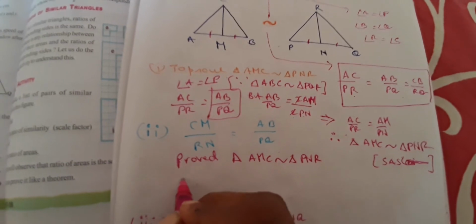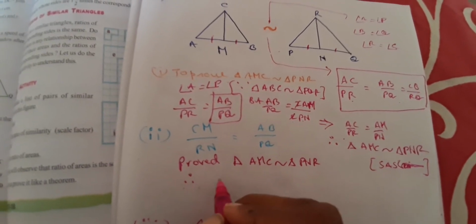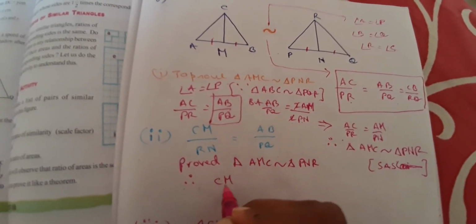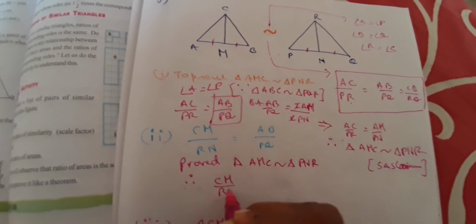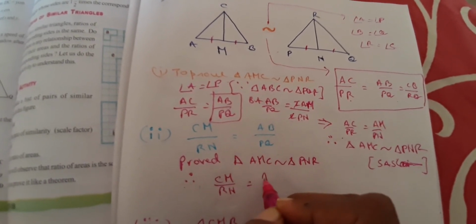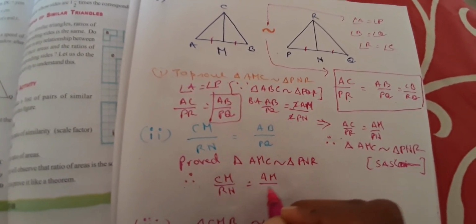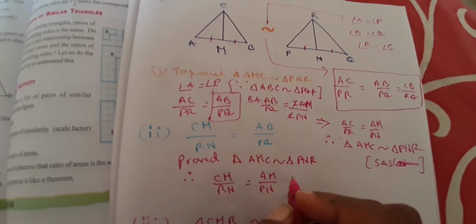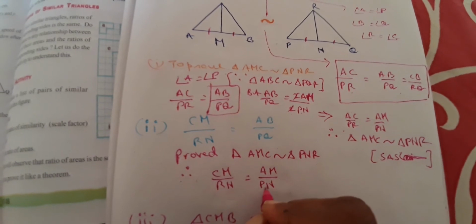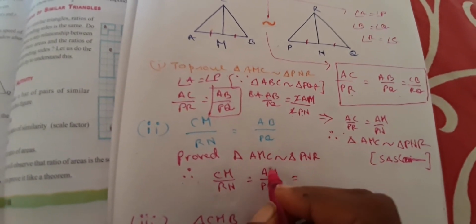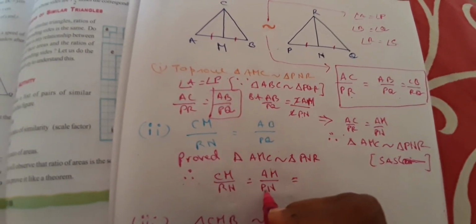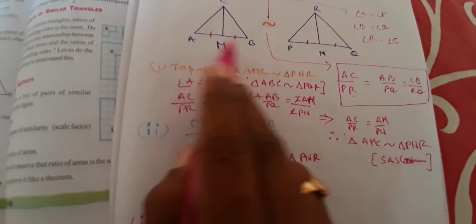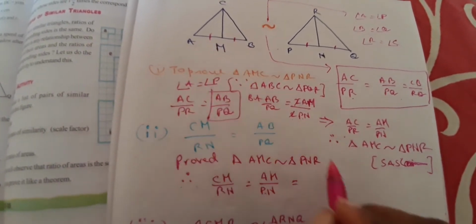So therefore you can write CM by RN is equal to AM by PN, right? Perfectly all right. But what is AM by PN? AM by PN is equal to half of AB, is it not? Half of AB.